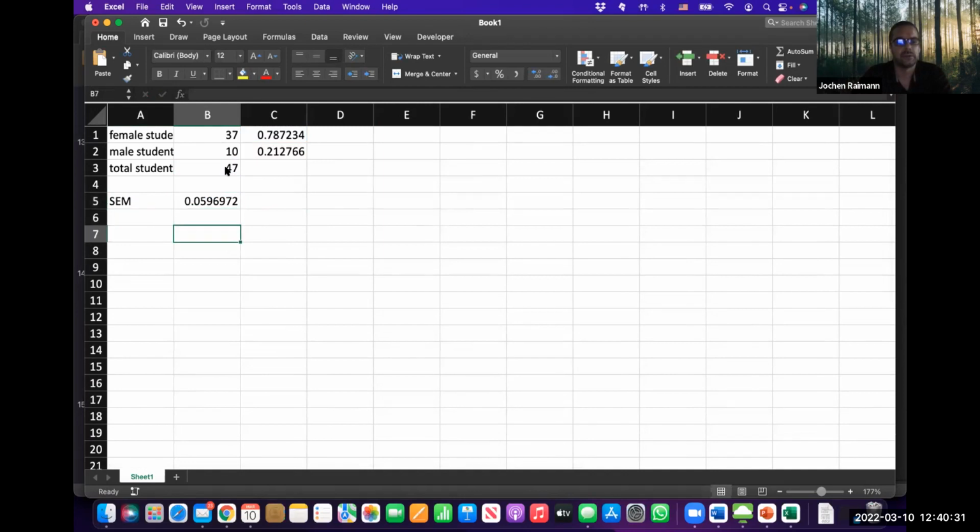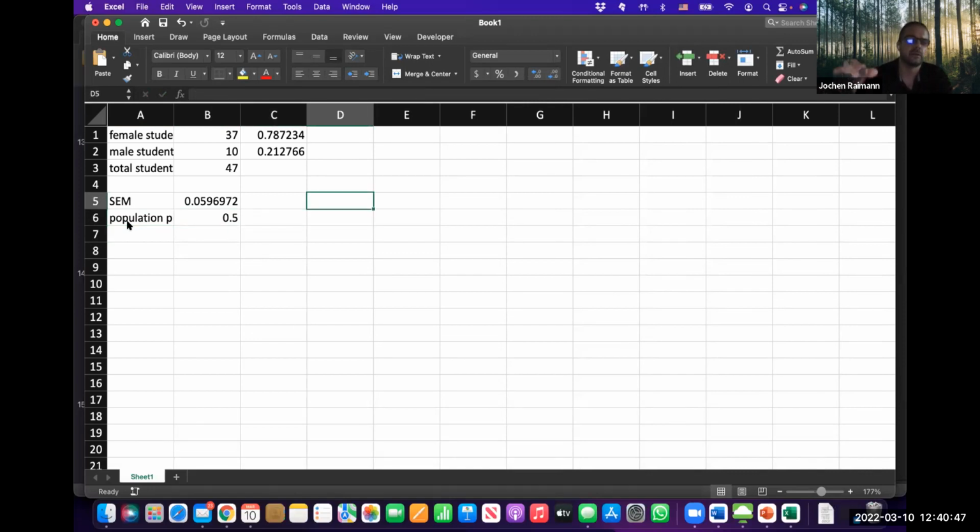So now calculating the z statistic. We have population P is 0.5. So this is what we're testing it to. So now we have the standard error of the mean.